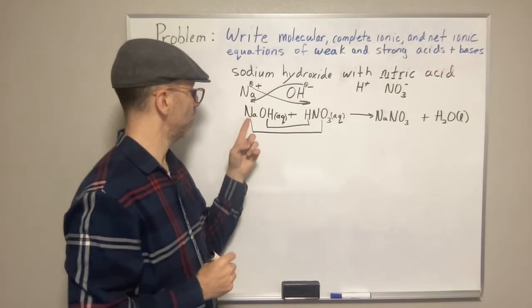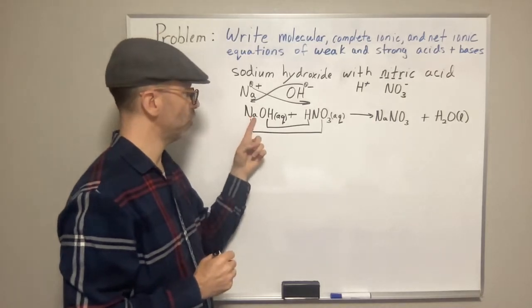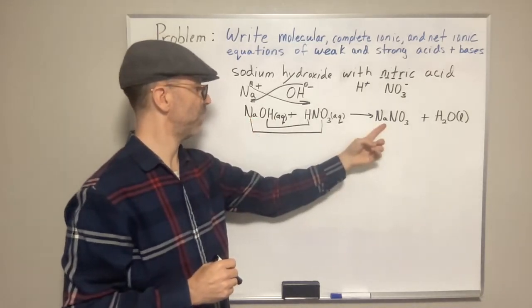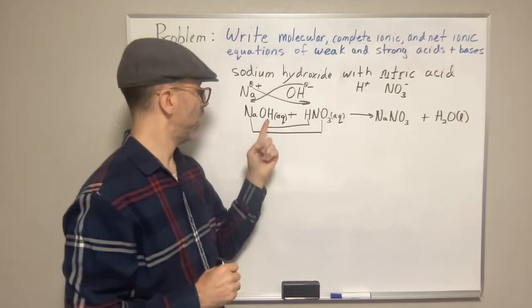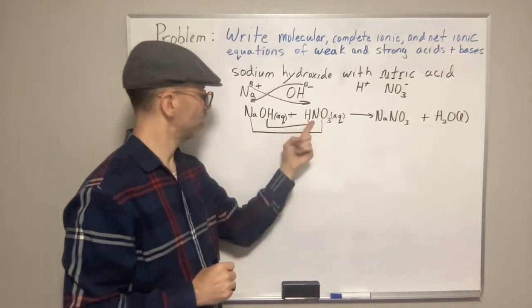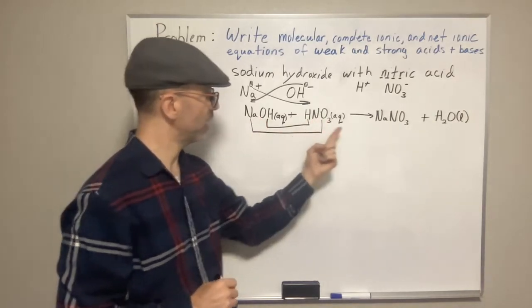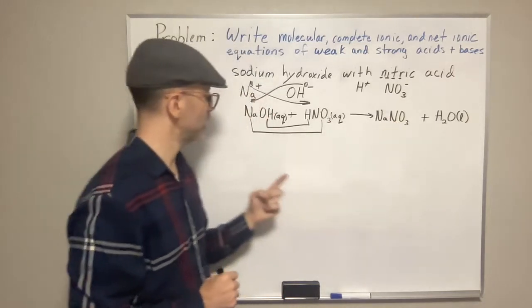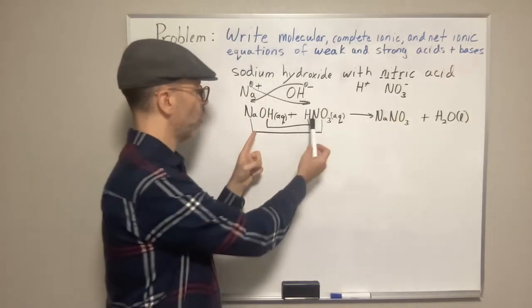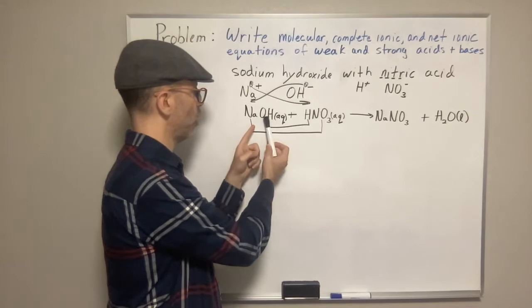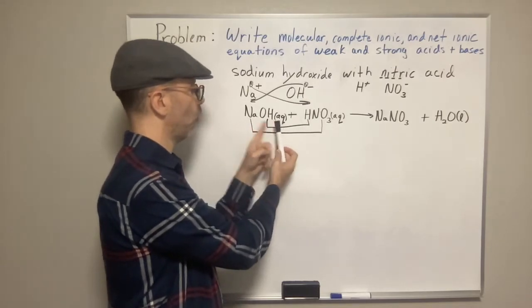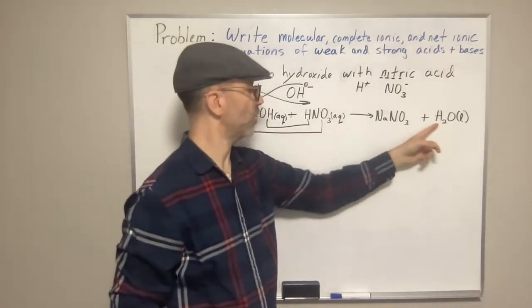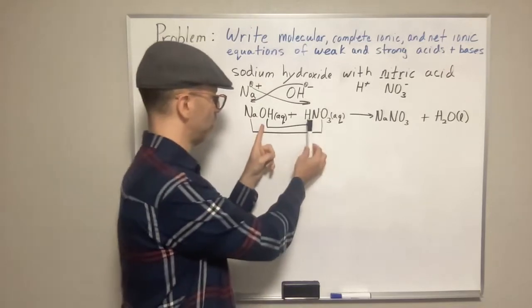So here we have, let's go ahead and balance this. We have one sodium here, so that's balanced. We have one nitrate here, and we have one nitrate there, so that's balanced. And we have one hydrogen and one OH. That's going to come together to form one water, and we have one water here. We could count them individually too.